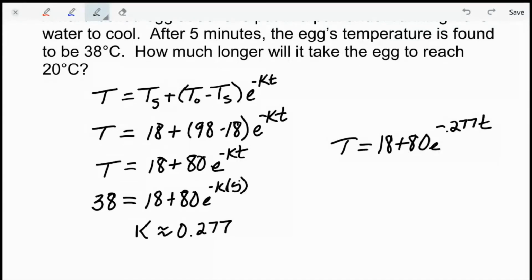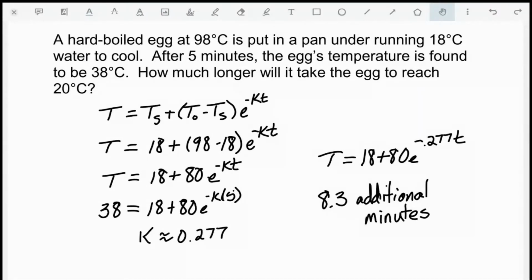And then they asked how long is it going to take the egg to reach 20 degrees. All I would have to do is plug in 20 for the temperature and then solve, and it turns out that it would be 8.3 additional minutes. Now, the one thing that can be tricky about these problems is the way they word the questions. It didn't say what's the total amount of time.